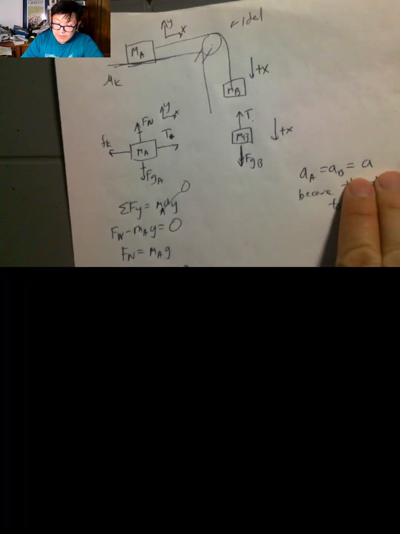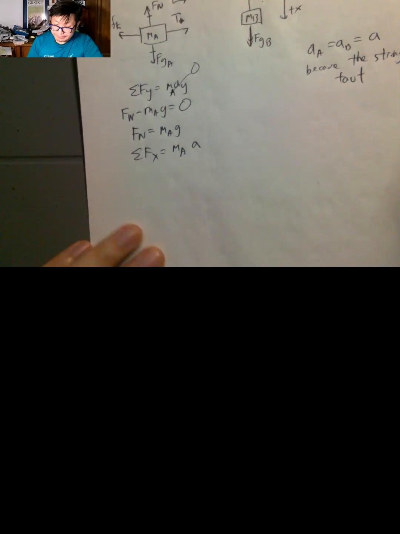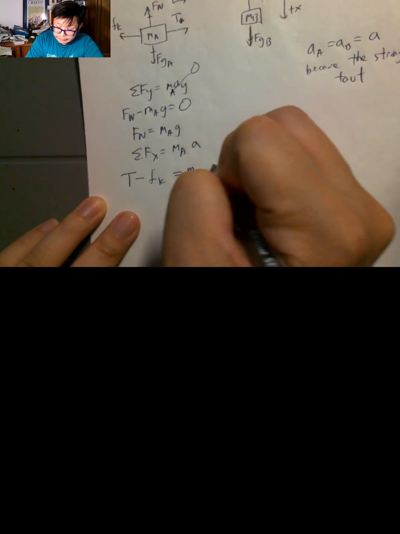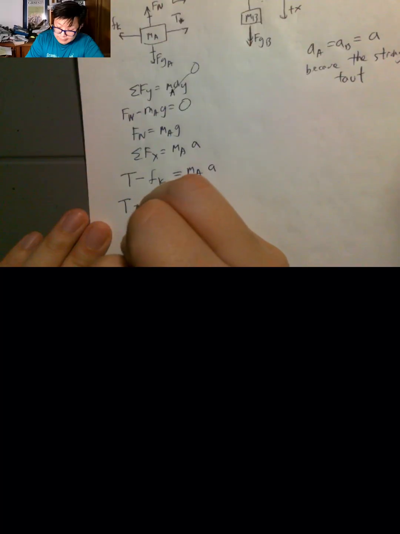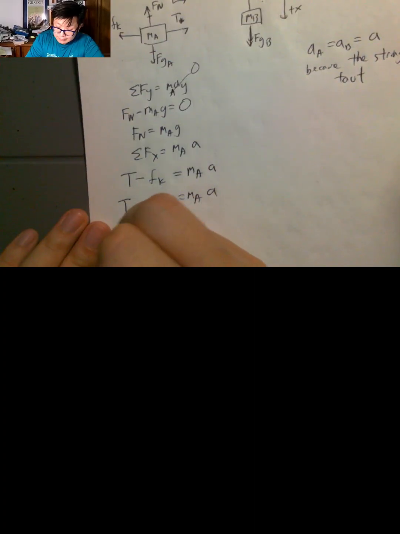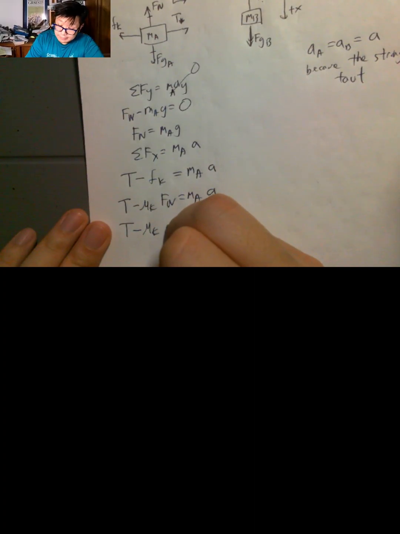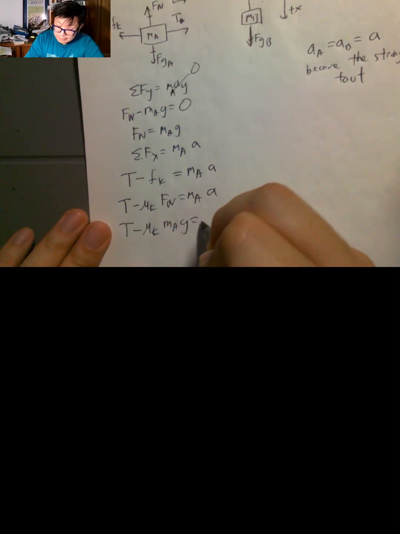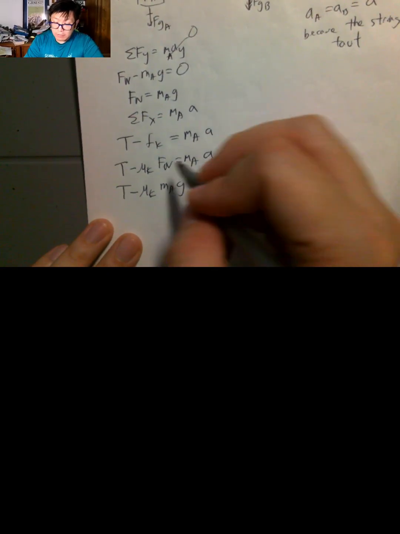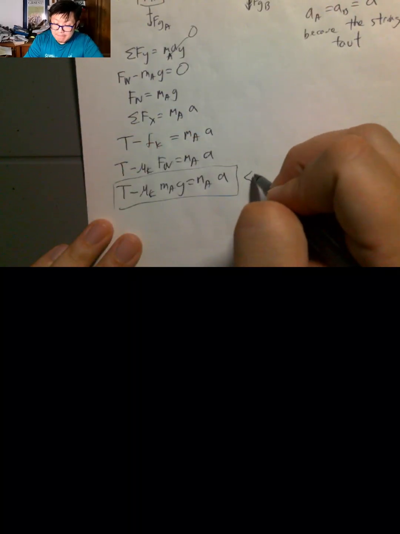Now let me switch to the x direction. And again, because these accelerations are the same, I'll dispense with using aA, aB, and just call it a. Okay, so I have one equation right now, which I will box and label 1.